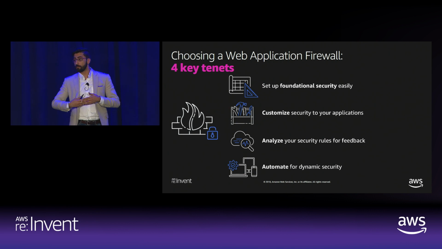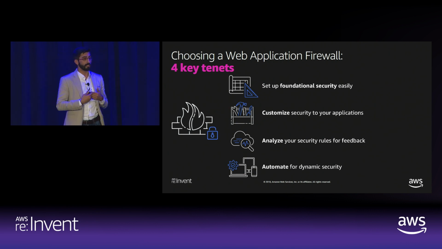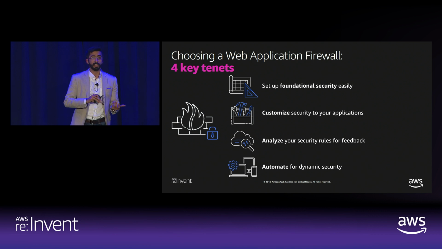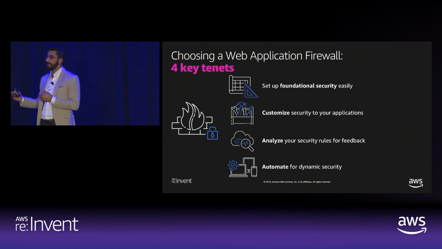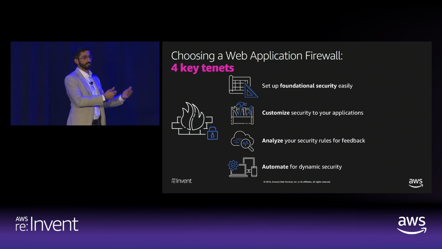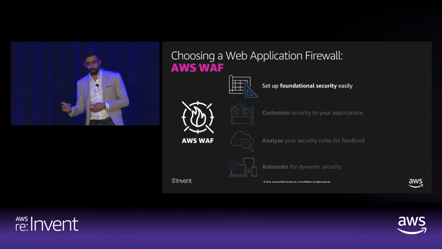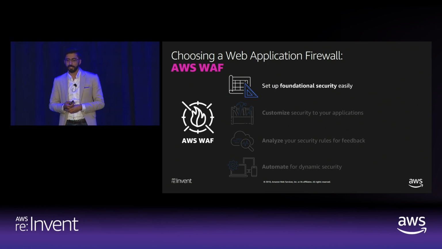Then you should also be able to have a transparent WAF that helps you look at all the requests that are coming in, as well as the actions taken by the rules that you've created, as that can then inform your automations that create and update your security for an ever-changing landscape. So at AWS, we created AWS WAF that helps you do all of these things.